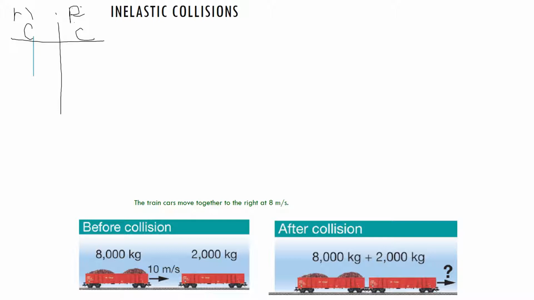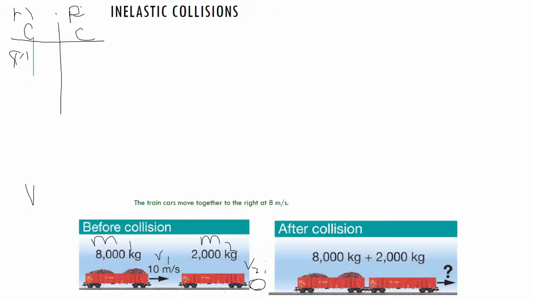The mass of the moving car was 8,000. I can't really see that too well, can you? All right, so I'm just going to label down here. That's mass of 1, mass of 2. And then our initial velocity of 1. The initial velocity here was 0 because it's parked.